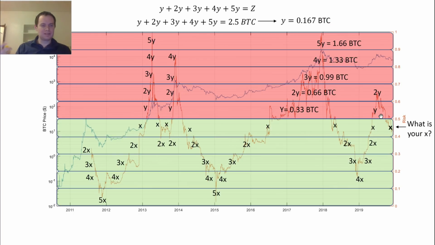Because Bitcoin is likely not going to peak, in my opinion, for another 3 years, what it does in the meantime is more or less irrelevant if you're looking at long-term holding for the next full bull market.